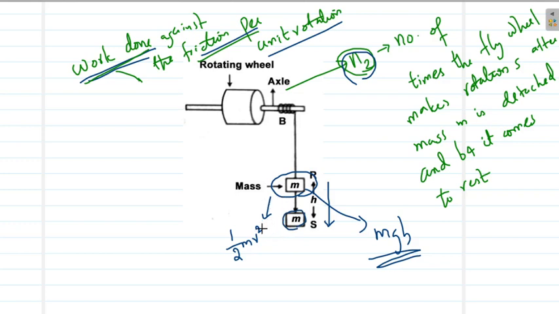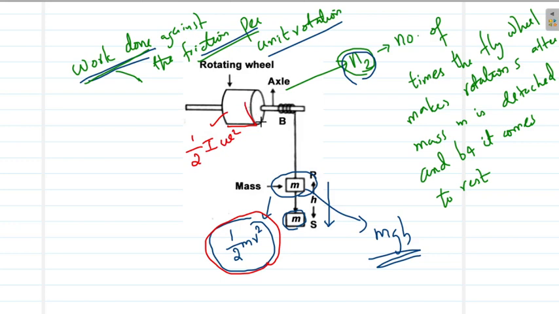So that much kinetic energy is gained by this weight. So the initial mgh energy, a part of it will be used to give some kinetic energy to this mass. The other part will be used to give some rotational kinetic energy to this flywheel, which is simply half I omega squared. And some part will be lost within the system due to friction.